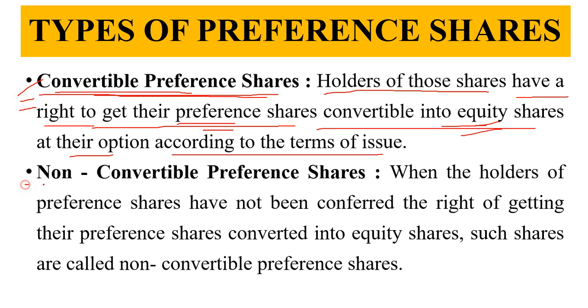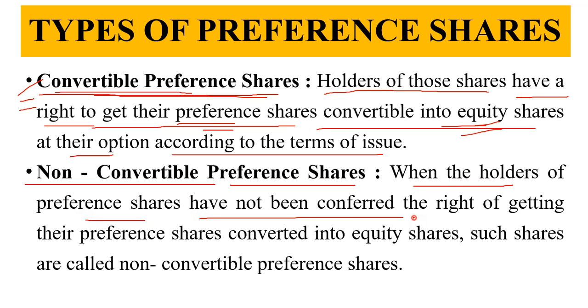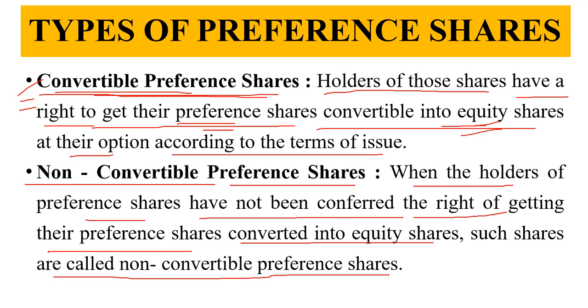Now next is non-convertible preference shares. When the holders of preference shares have not been conferred the right of getting the preference shares converted into equity shares, such shares are called non-convertible preference shares.